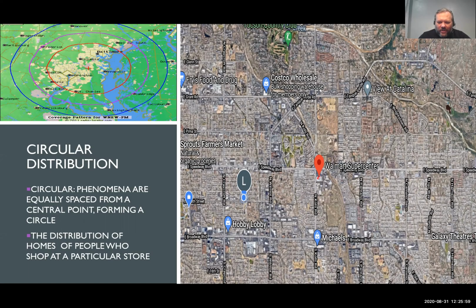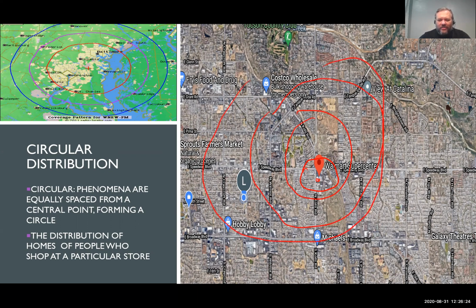A circular distribution. So think about this. This is Walmart, and you can see this is Speedway and Kolb. Think about where the people come from to shop there. So we can start drawing circles around this. We would say, look, if people shop at Walmart, if they live in this circle, definitely. And how far out does this go if you're this Walmart?